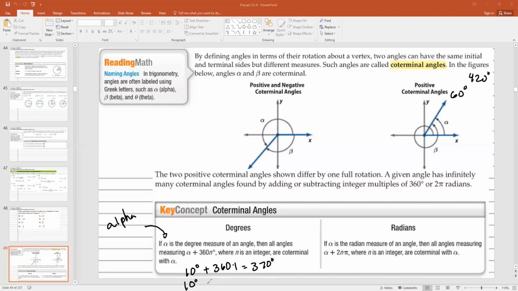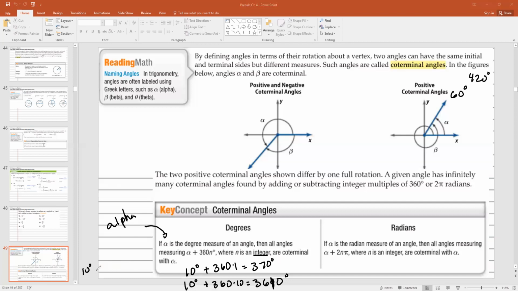Let's do times 10. Times 10 is going to be 3,600. That's going to be 3,610 degrees. Okay, this is also coterminal. It's in the same spot. You can also put negatives. Okay, so any integer. So that means positive and negative.